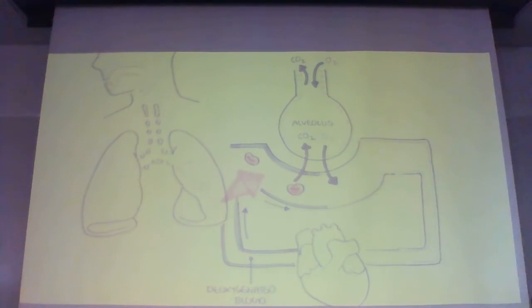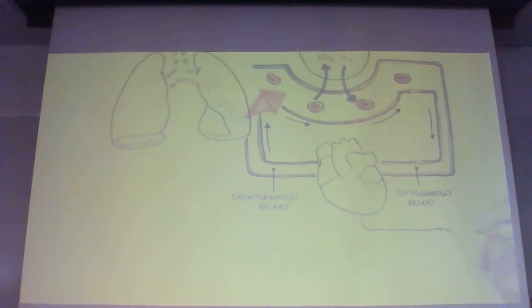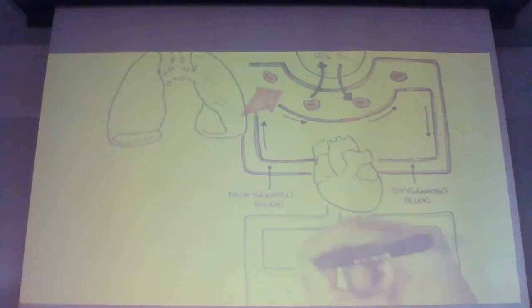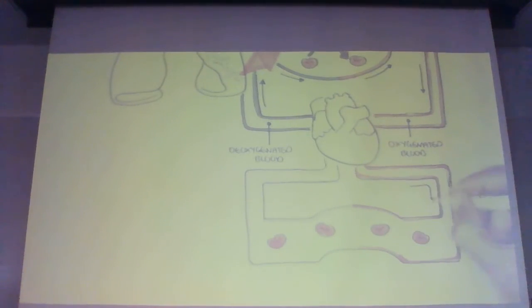This newly oxygenated blood, or reoxygenated blood, will then go back to the left side of the heart. The heart will then pump this oxygenated blood around the body to the other organs, such as the brain. The oxygenated blood delivers oxygen to organs, tissues.